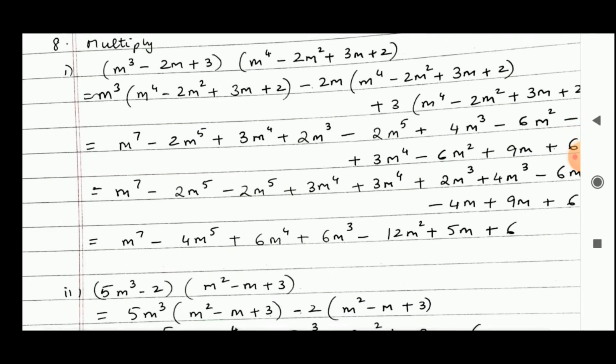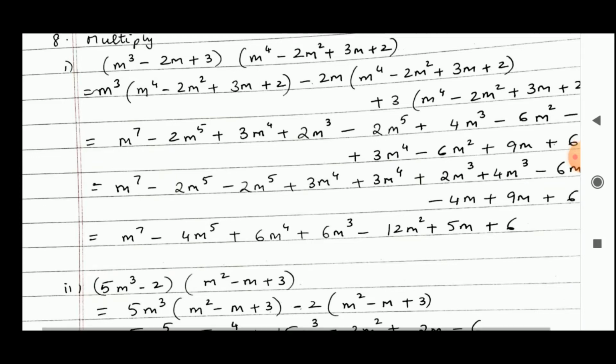So m raised to power 7 minus 2m raised to power 5 plus 3m raised to power 4 plus 2m cube, then minus 2m raised to power 5 plus 4m cube minus 6m square minus 4m plus 3m raised to power 4 minus 6m square plus 9m plus 6.